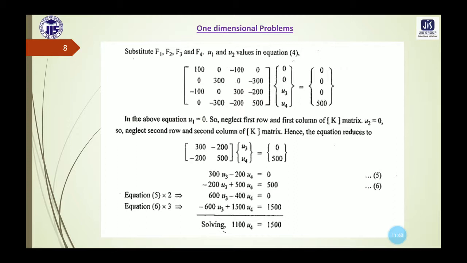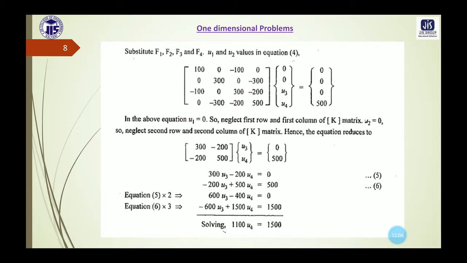So the equation is reduced like this: the 2 by 2 matrix multiplied by the column matrix of u3 and u4 equals the column matrix of 0 and 500. So this is the reduced matrix form.